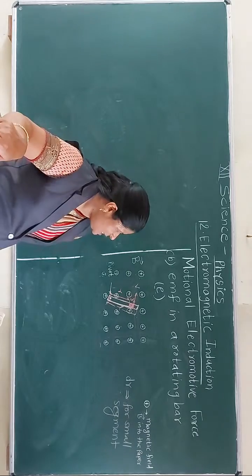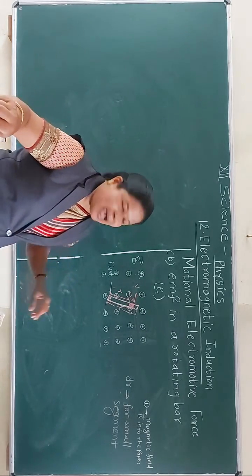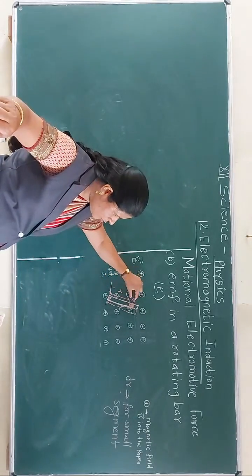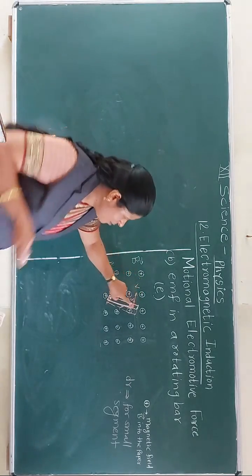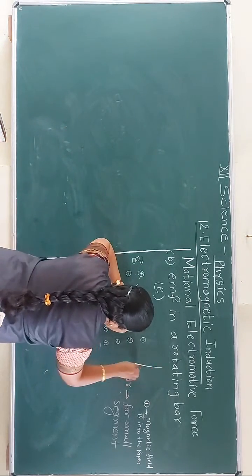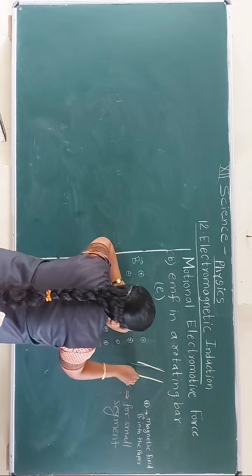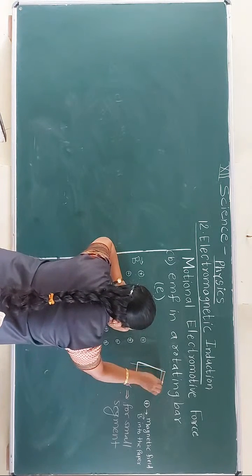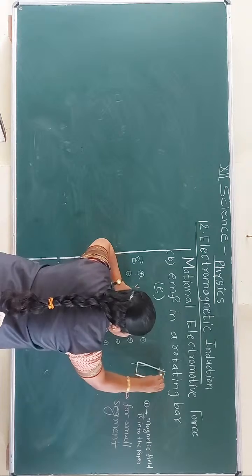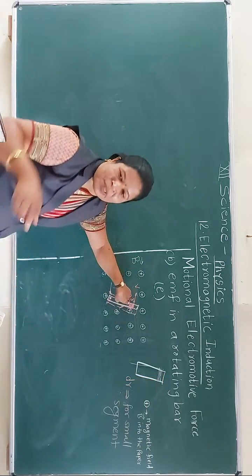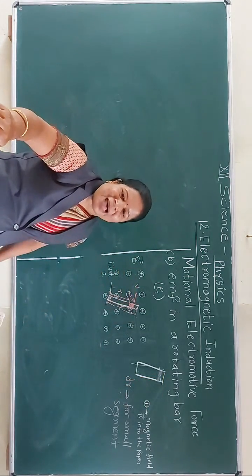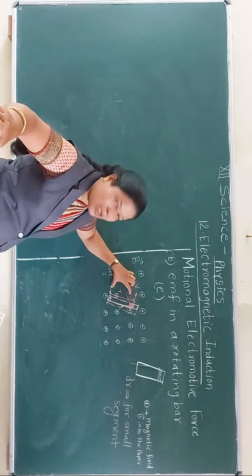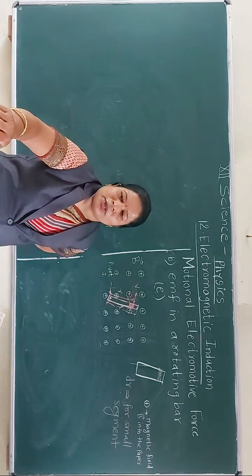Consider a small segment dr. For example, this is the rotating bar, and in that rotating bar, this is the small segment dr of the bar at the distance r from the pivot.